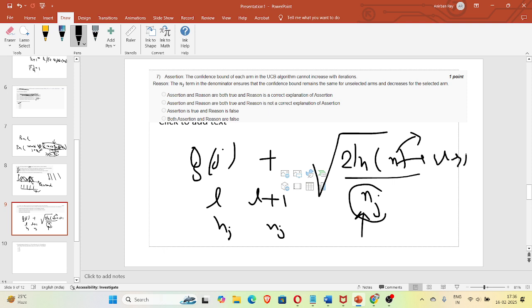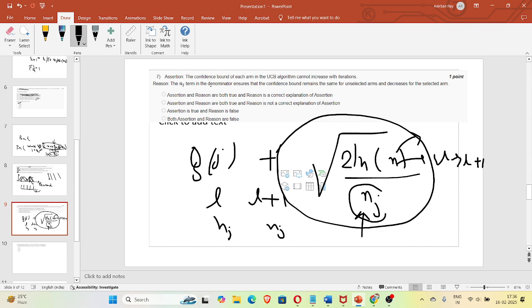So for that, this value has increased, leading to an increase in the confidence bound. Now we do not want to increase the confidence bound, the point is to reduce it, but it can increase at steps. The preferred arm confidence will keep reducing, but the other arms will keep increasing. So that is why this is not correct.